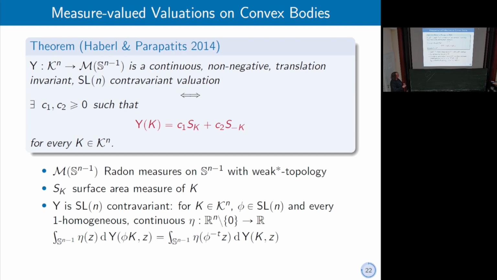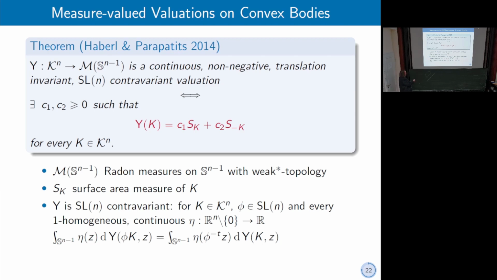Of course, you have to define what SL(n) contravariant means. And what I've said just before, the Hausdorff measure is not SL(n) invariant and the Gauss map isn't either, but of course you can define a surface area measure also through differentiation using the Minkowski addition and volume, so it's maybe not so surprising that it behaves nicely with respect to special linear transformations.